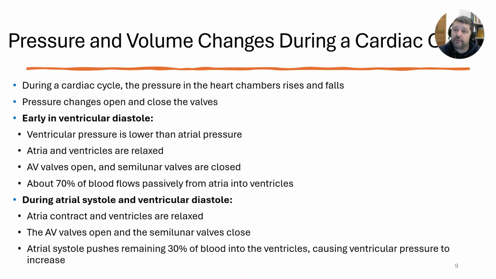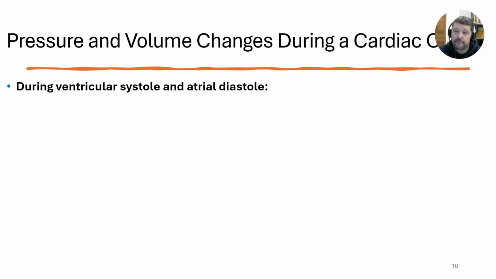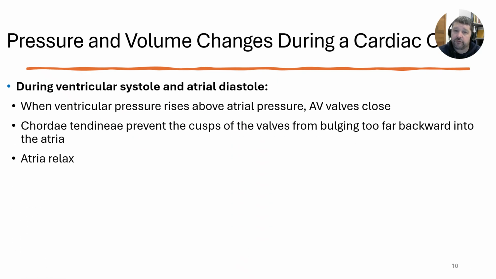The semilunar valves are closed at this time, so the blood is only going through the atrioventricular valves. It gets into the ventricle, and that causes the pressure in the ventricle to increase. When that pressure rises higher than the atrial pressure, the AV valves close. When these AV valves are closed, the only place for the blood to go is through the semilunar valves.